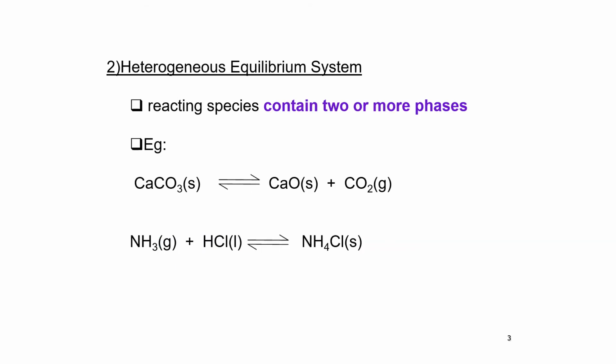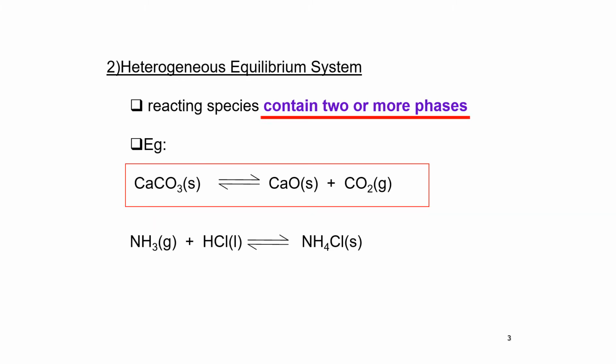The second type of system is called heterogeneous equilibrium system. In this system, the reacting species contain two or more phases. For example, calcium carbonate produces calcium oxide and carbon dioxide. Look at the phase of calcium carbonate. It is present as solid.